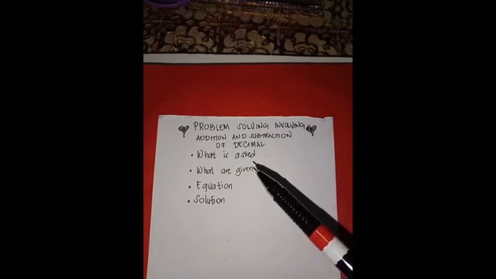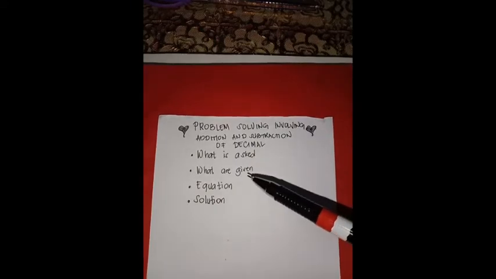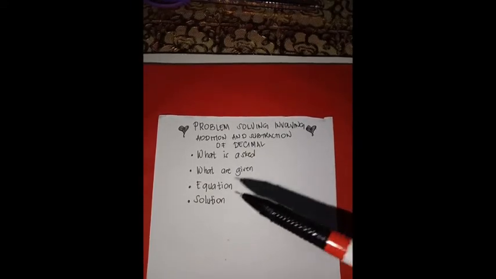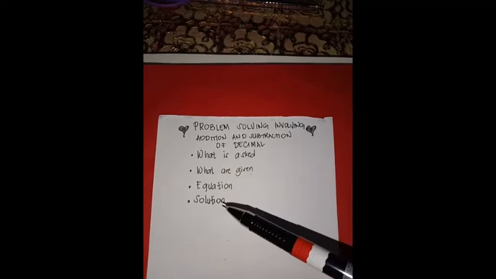So our lesson for today is all about problem solving involving addition and subtraction of decimals. To solve problems involving addition and subtraction of decimals, we need to answer these steps: what is asked, what are the given facts, the equation, and the solution.